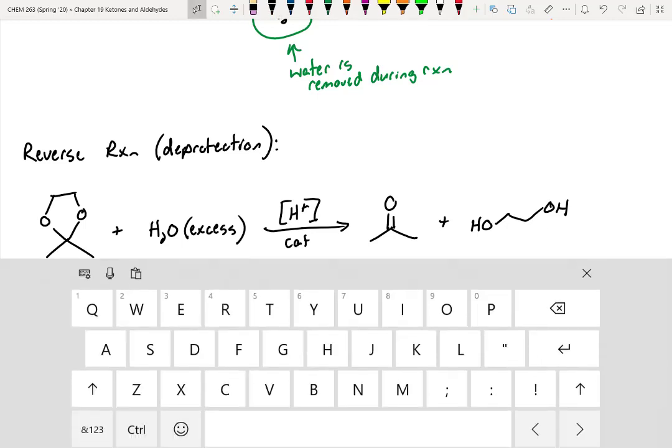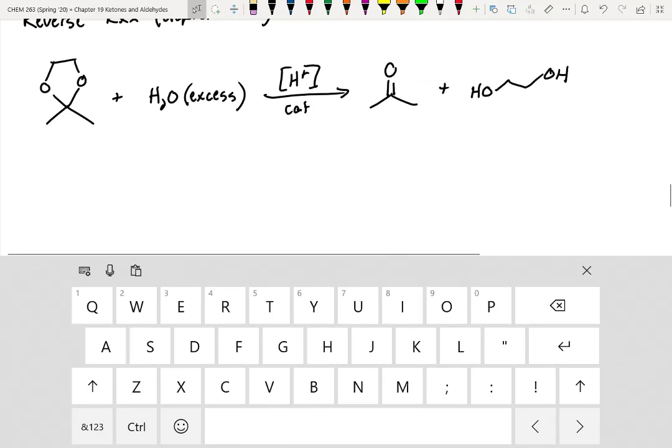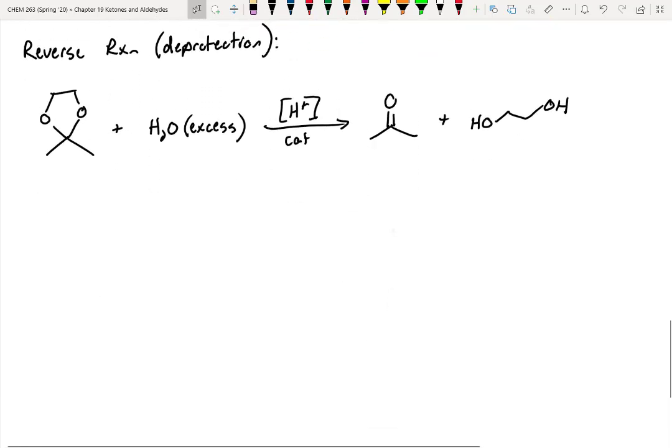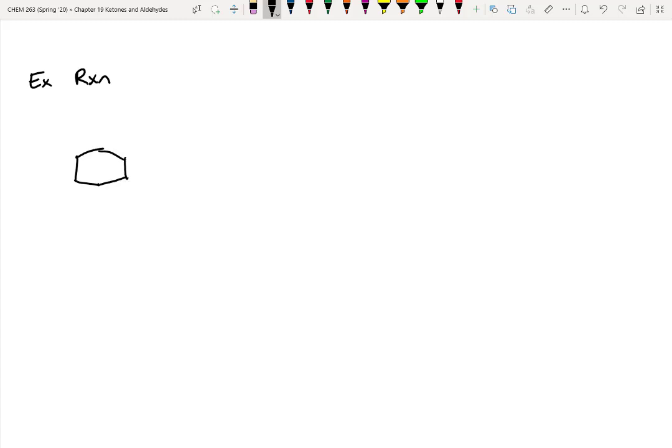So let's see this in context, because sometimes a lot of these examples don't make sense unless you see them in a reaction. All right, so let's do an example reaction. I'm going to have a ring with a ketone, and then an ester over here. My goal is to convert this starting material into this product where the ketone is still present on the ring, but the ester has been converted to a primary alcohol.